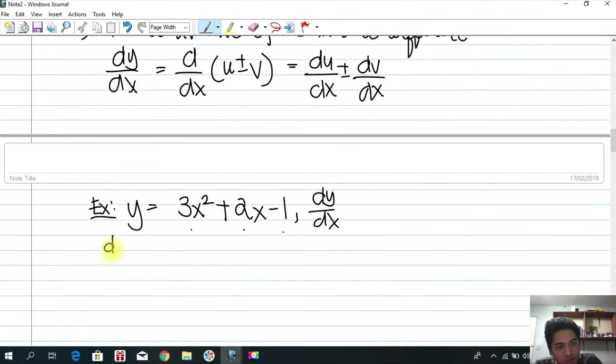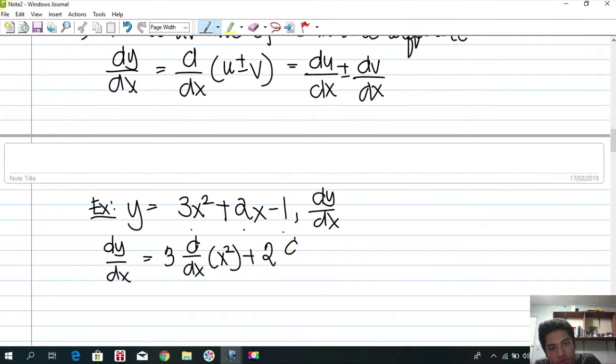So if you wish to get the derivative of that, we have 3 times d over dx of x squared plus 2, the derivative of the function x, minus the derivative of the constant 1.